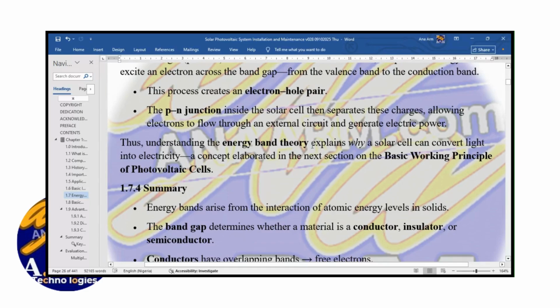Understanding energy band theory explains why a solar cell can convert light into electricity, a concept elaborated in the next section on the basic working principle of photovoltaic cells, which we shall discuss in the next video.